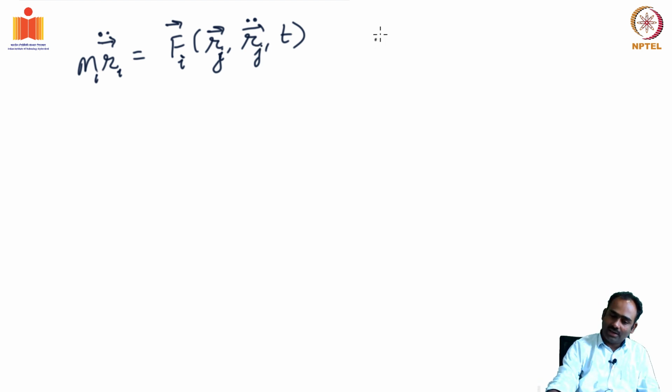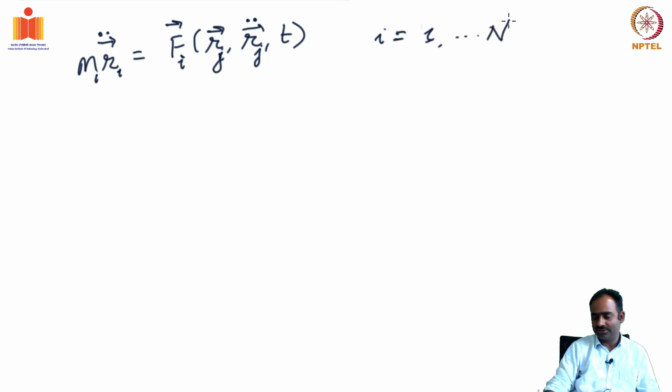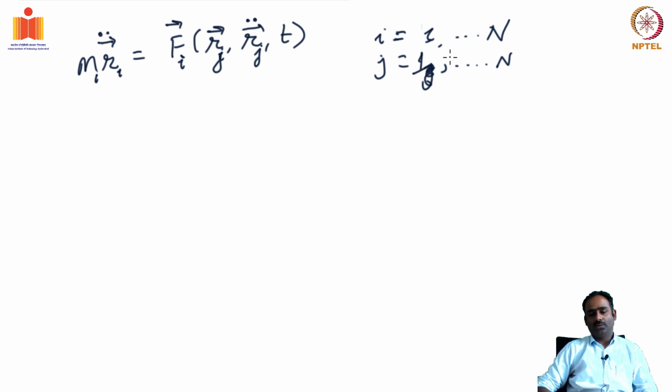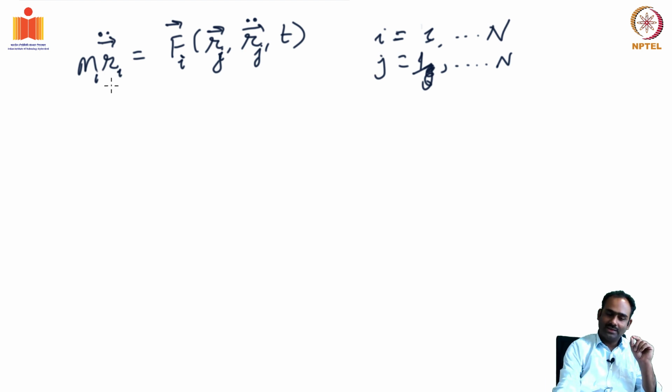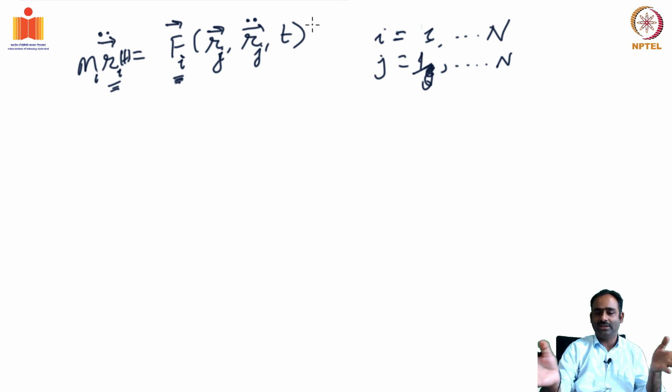So let's say i runs from 1 to n. You have n number of particles in your system, and j also runs from 1 to n. So what this equation is saying is that the acceleration of ith particle at time t would be determined by what force it is experiencing, and that force depends on the coordinates of other particles and their velocities and time t. That's the most generic thing which you can write.